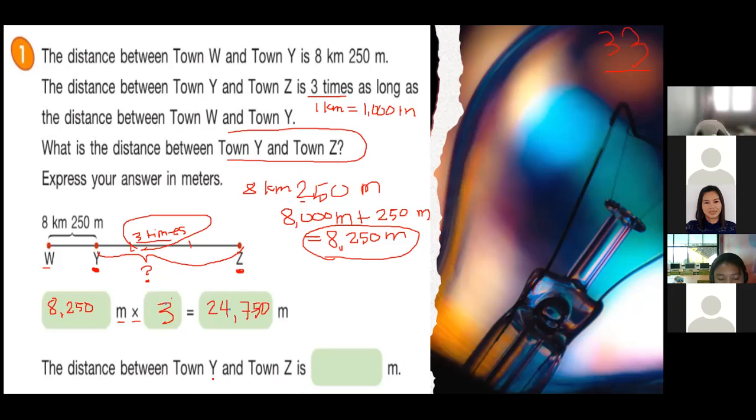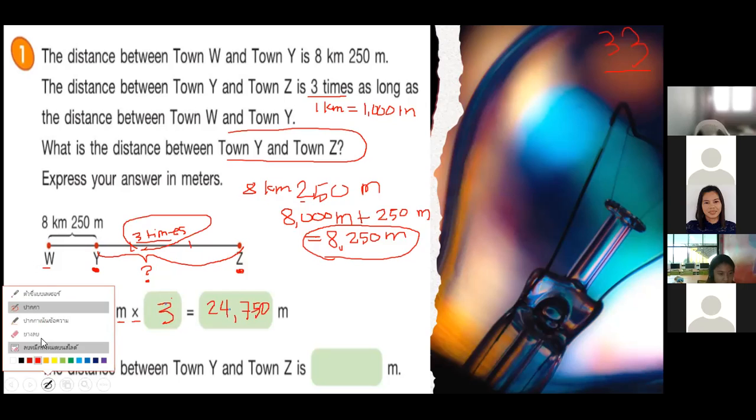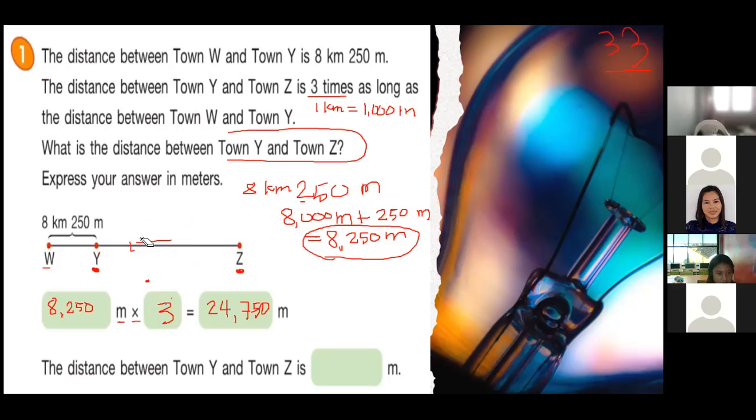So the distance between town Y and town Z is 24,750 meter.